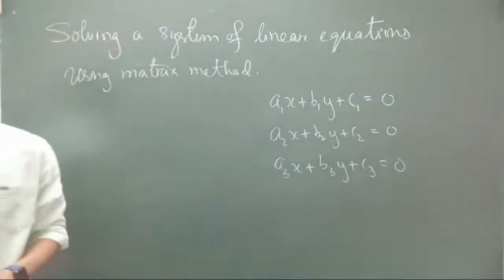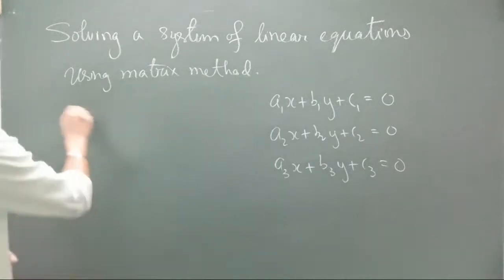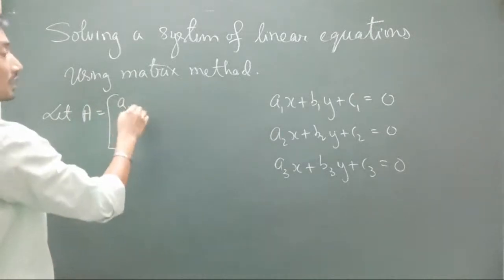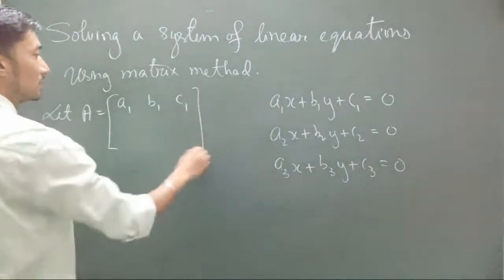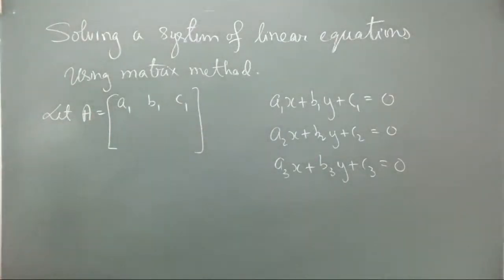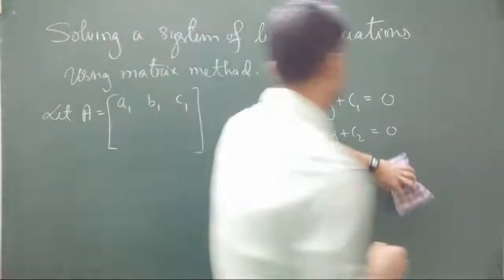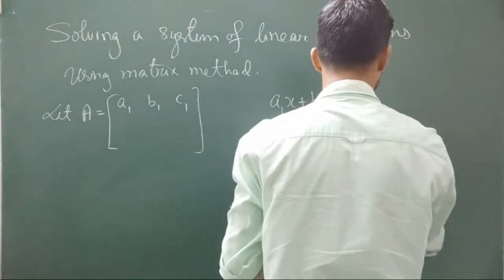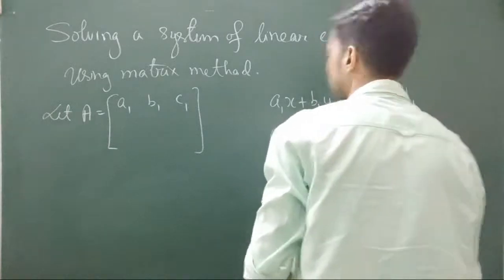So let's consider a set of 3 equations given like this. Three equations means you will have 3 variables, so we write c1z, c2z, c3z, and the constants d1, d2, d3 on the right side.